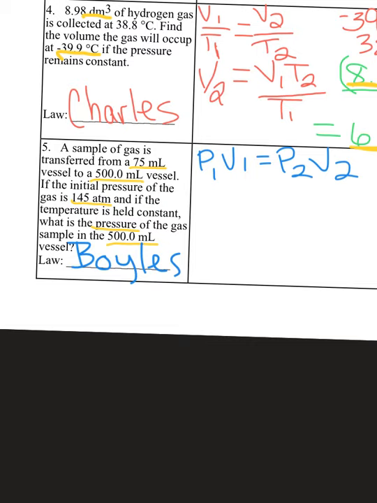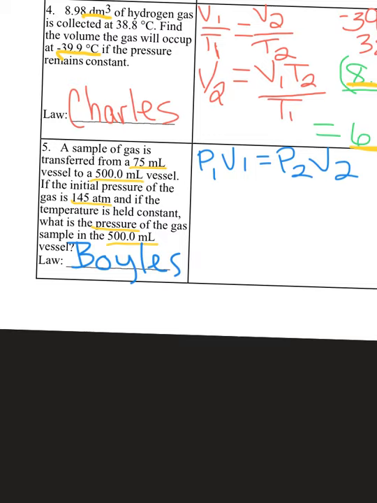Now, are we solving for P1 or P2? Are we solving for pressure before anything changed, the initial pressure, or are we solving for pressure after it changed? The sample of gas is transferred from 75 milliliters to a 500 milliliter vessel. It gives us an initial pressure, so it's asking for pressure after the change, so we're solving for P2.